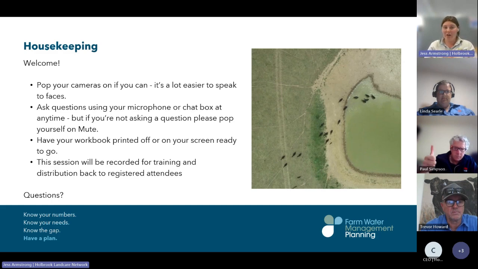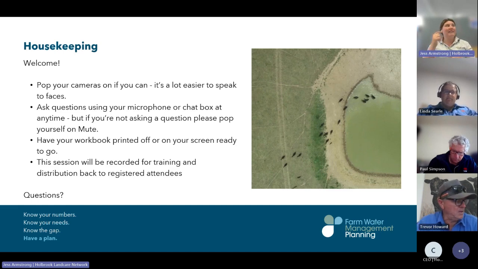If you've already printed that off, that is brilliant. If not, and you're happy to plug away on your Word document on your desktop, that is also fine. We will be going through the first section, which is the example scenario, and we will be focusing on the first part, which is quantifying your on-farm requirements.